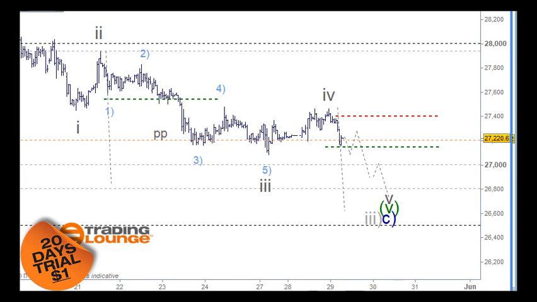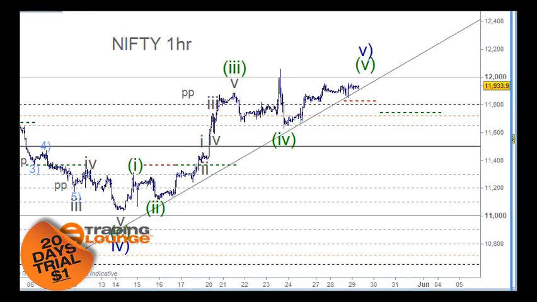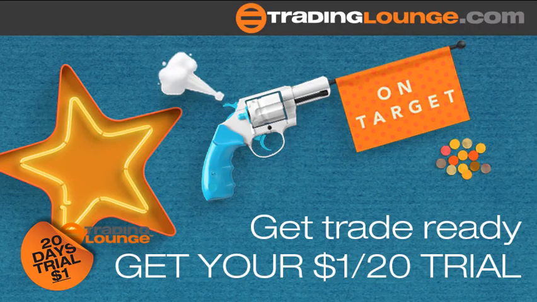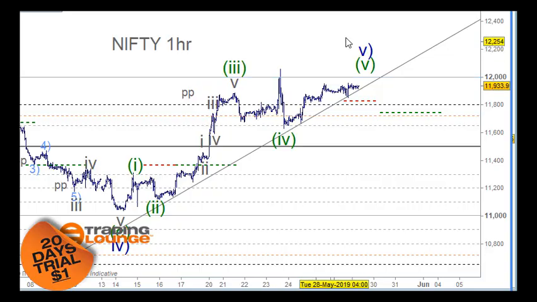Okay, so India is next. So with India, we're looking from wave 4 here to wave 5 here, and we've got wave 1 and 2 is clear. Wave 3 was clear.